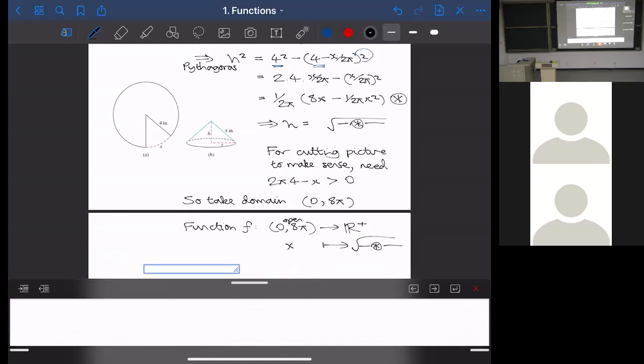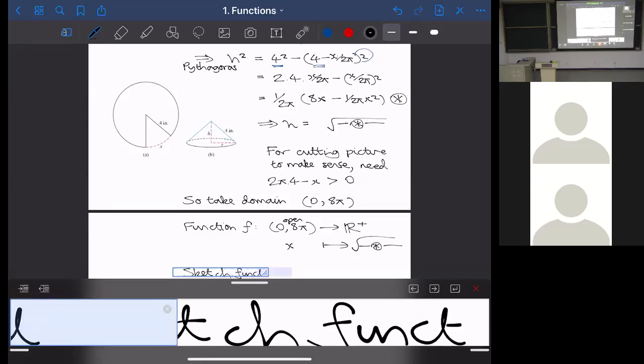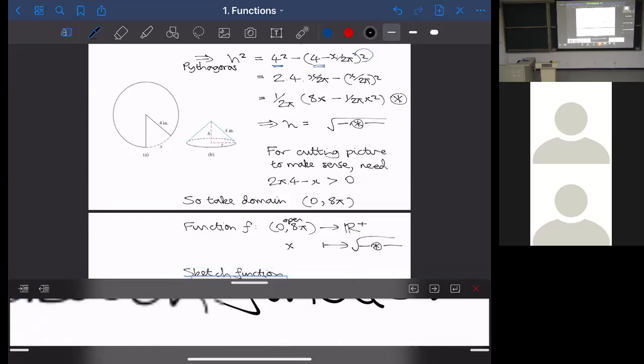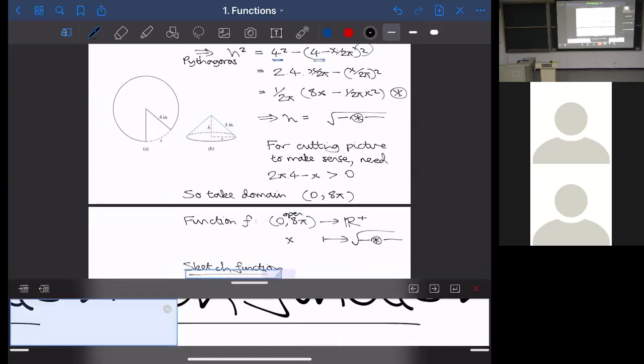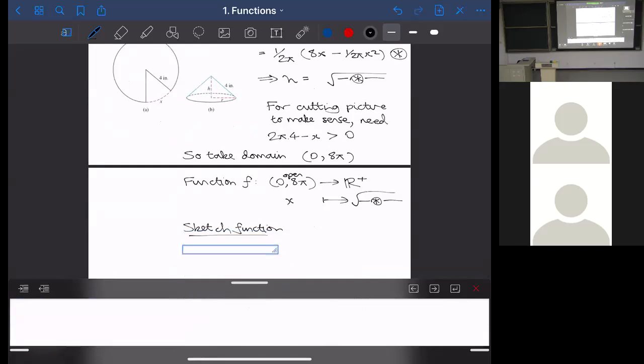Now, so sketch the function f. So let's do that at the beginning of next period. Thank you.